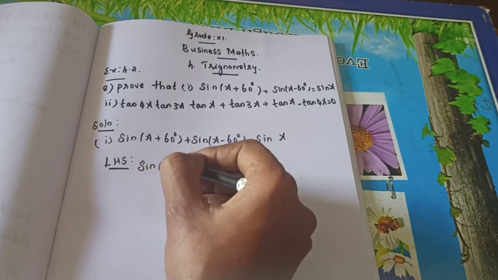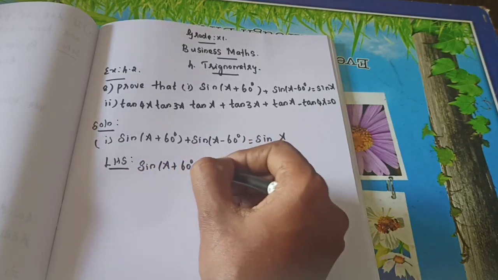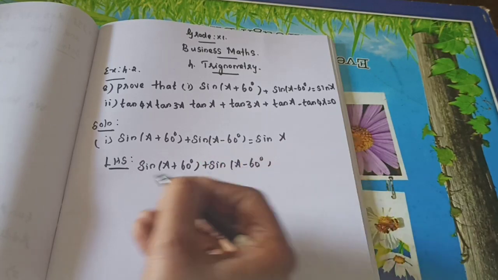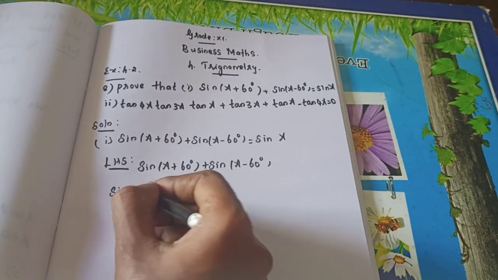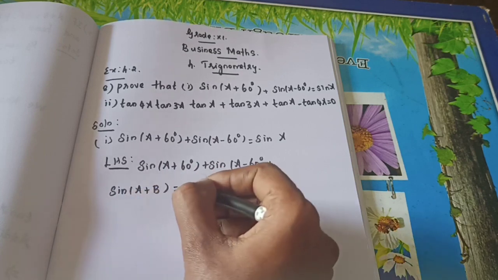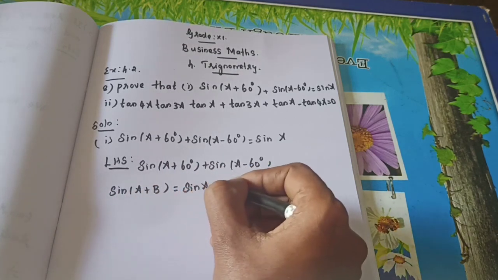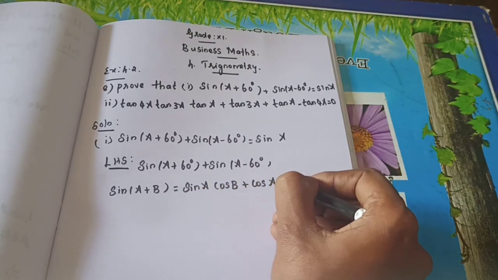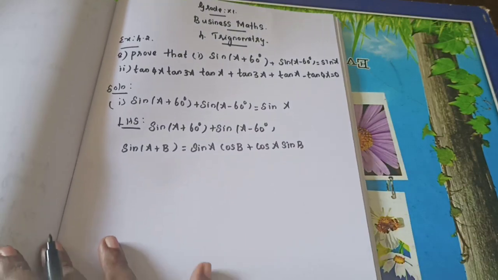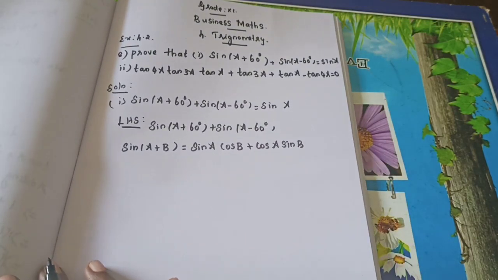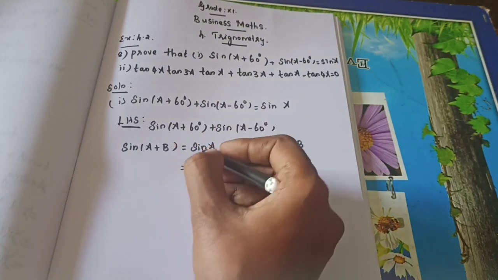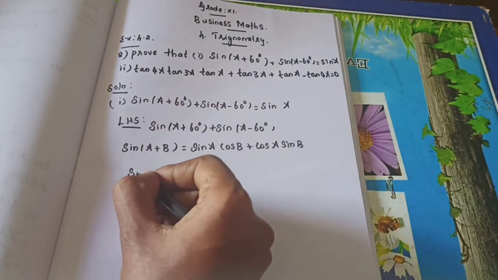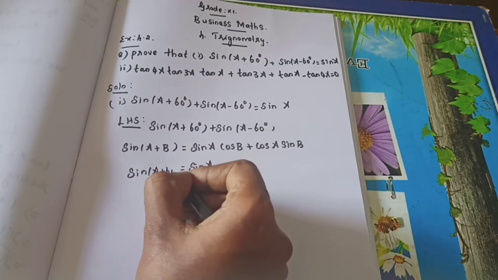What's the formula for sin(a + b)? Sin a cos b plus cos a sin b. In the place of b, we have 60 degrees, correct? You take sin(a + 60 degrees).